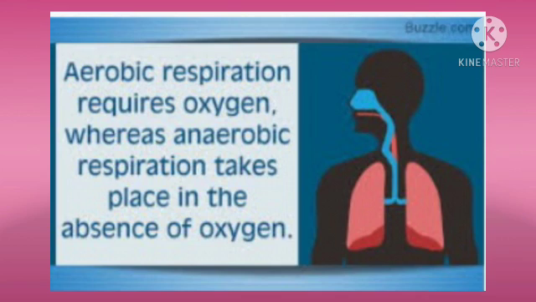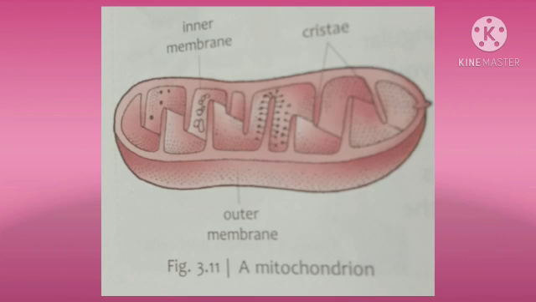In this respiration, there is complete breakdown of glucose into carbon dioxide and water, producing about 38 ATP molecules. This complete oxidation of glucose occurs inside mitochondria of cells.